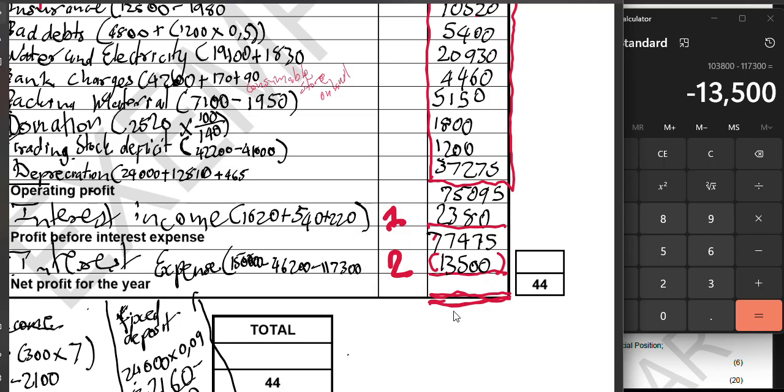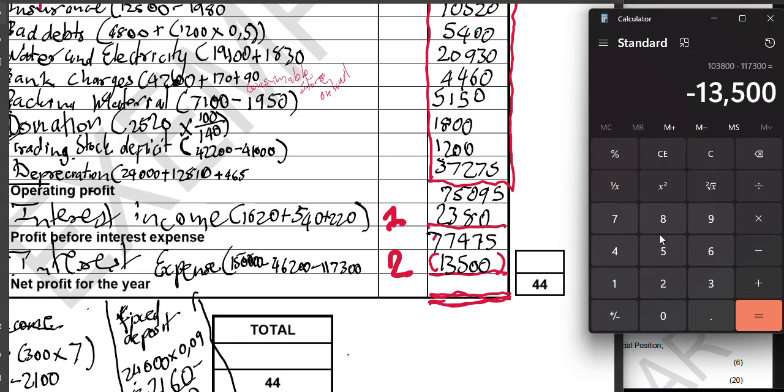So we are going to subtract the 13,500 from 77,475. It's already a minus, so we'll simply say plus 77,475. Then we get our answer.